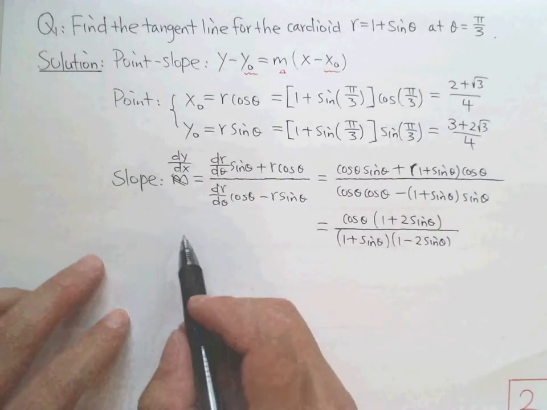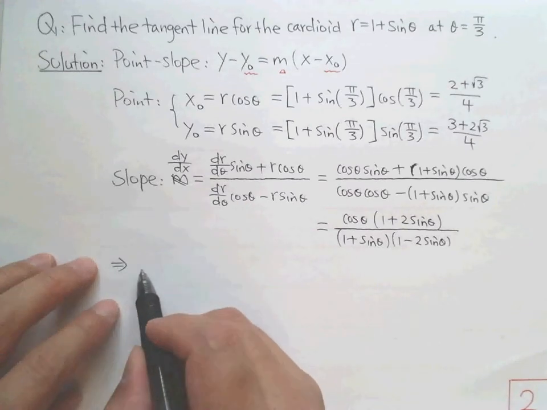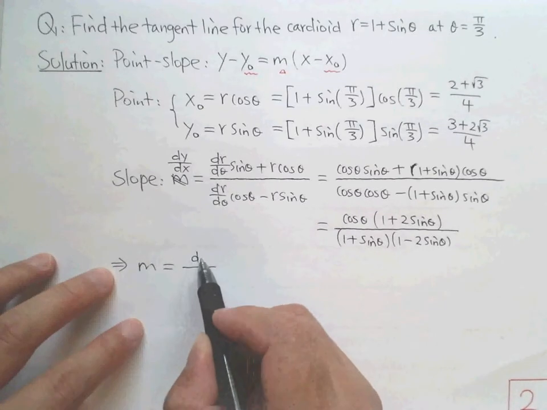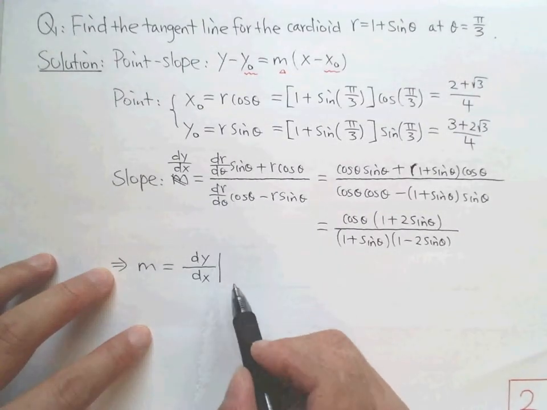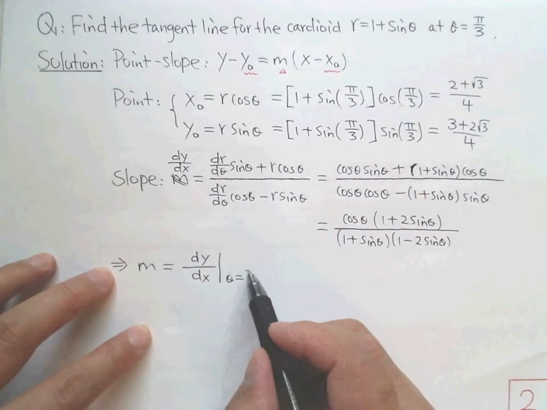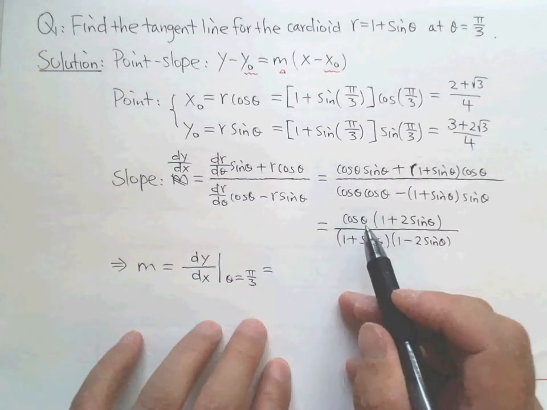So now we definitely can find out what the slope is, right? Okay, so I get the slope here. So m should be equal to what? dy/dx. That's a function, and then the limit at theta, see here, at pi over 3, which means what?